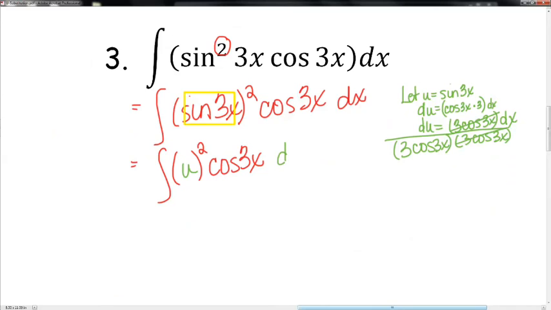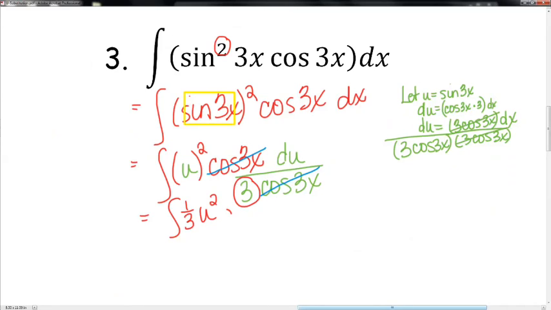So this is going to be du all over 3 times cosine of 3x. Well, I hope you notice that your cosines are going to cancel. And so let's rewrite this so you can see what we have. That's going to be equal to, let's move the 3 in the front, so that gives me 1/3 u squared du.